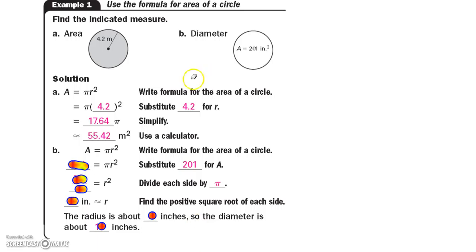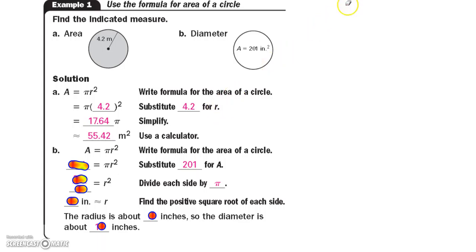Okay, and that value is probably more precise than 3.14. If you use a calculator key, it may go out to like maybe 3.1459 or something like that. So somewhere around 55.42 you should get if you're practicing along with me with a calculator in hand.